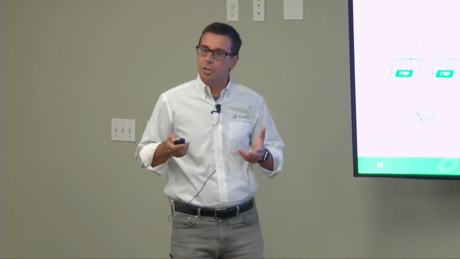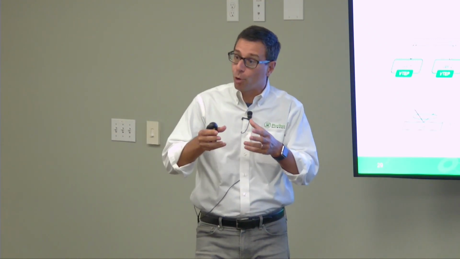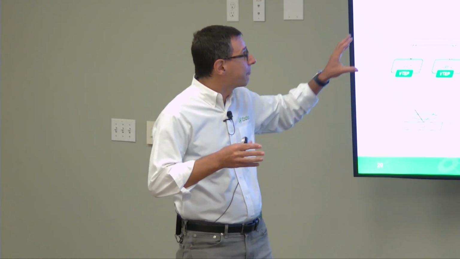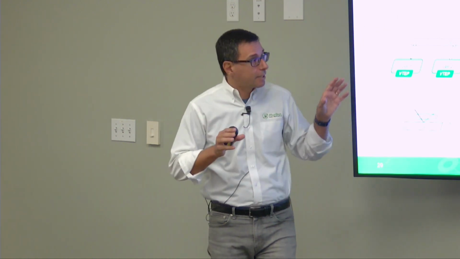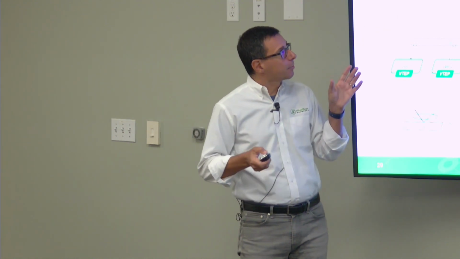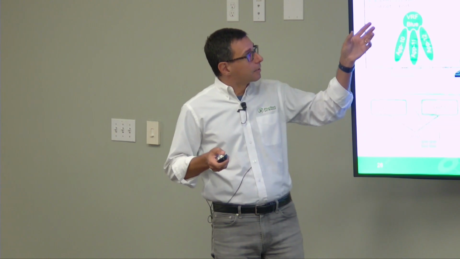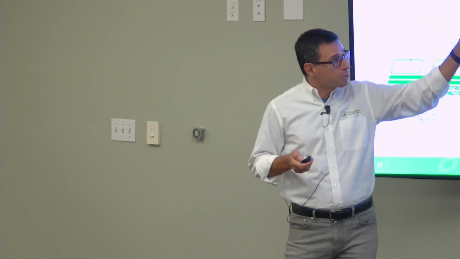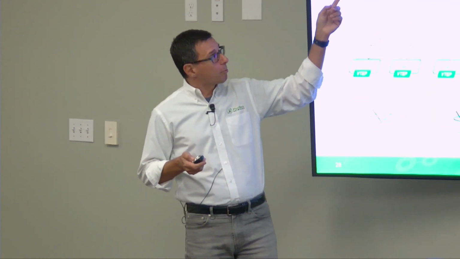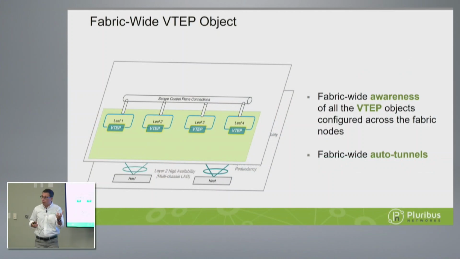Another object which is local to a switch, but is fabric-wide. Notice that I'm trying to change the language here a little bit, because this is not really a fabric-wide object, since the VTEP is local to a switch, but every other switch in the fabric is aware of every other VTEP.